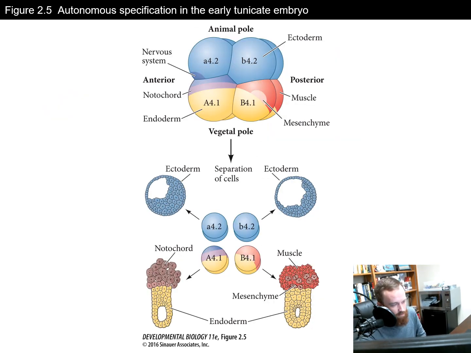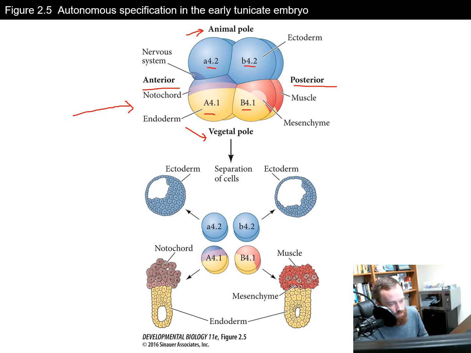Here's an example of that blastocyte that we talked about. As you can see, it's numbered A4.1, A4.2, B4.1, B4.2 based on anterior and posterior. You also have the animal pole and the vegetal pole, so these are differentiating the axes.